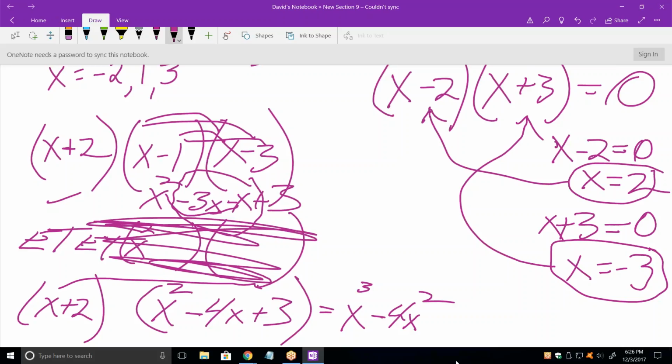Oh yeah, okay. X times 3 is 3x. You need the plus sign. Plus 3x. Okay, keep going. And then now I switch to the 2. Right, now you do all the 2's. Every term by every term.